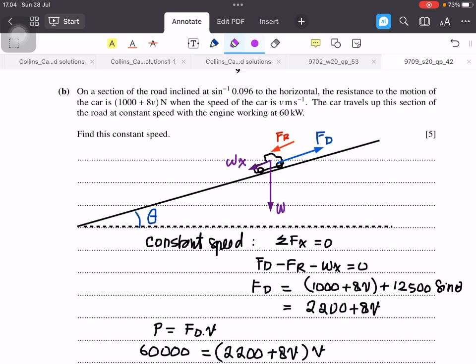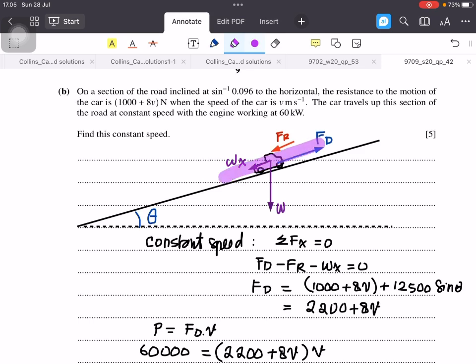But here I'm using the net force in the x direction is equal to 0. According to this diagram, the car is moving up the plane, so the driving force is up the plane, and there are two other forces, Wx and Wr. Both Wx and Wr are down the plane.